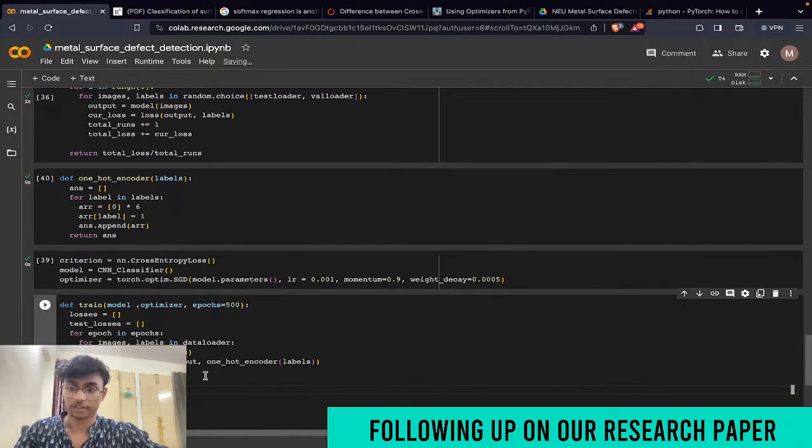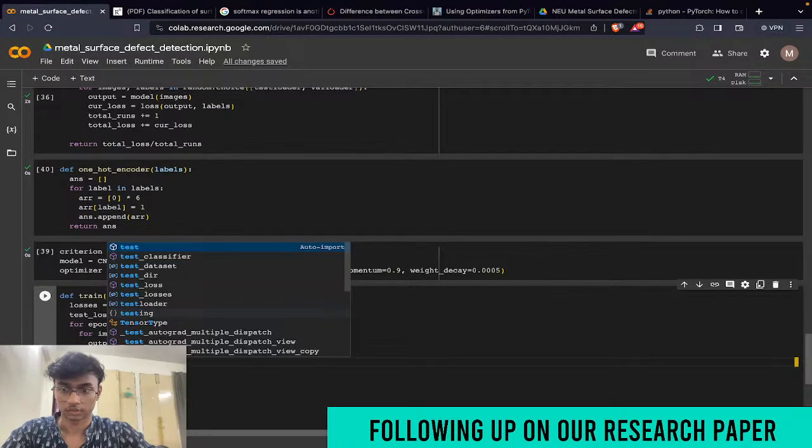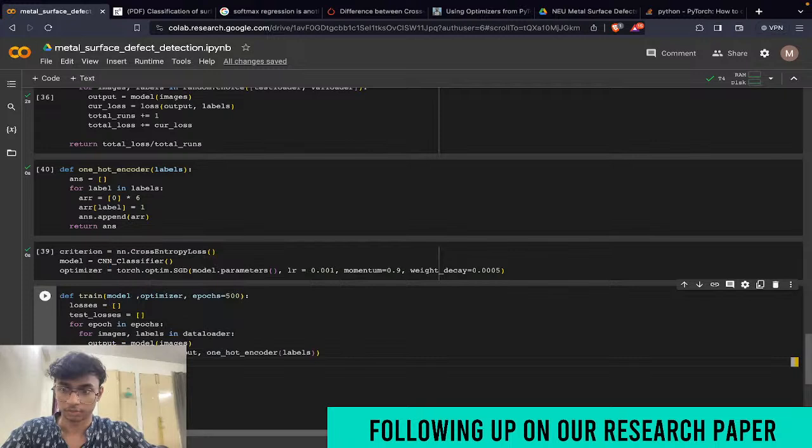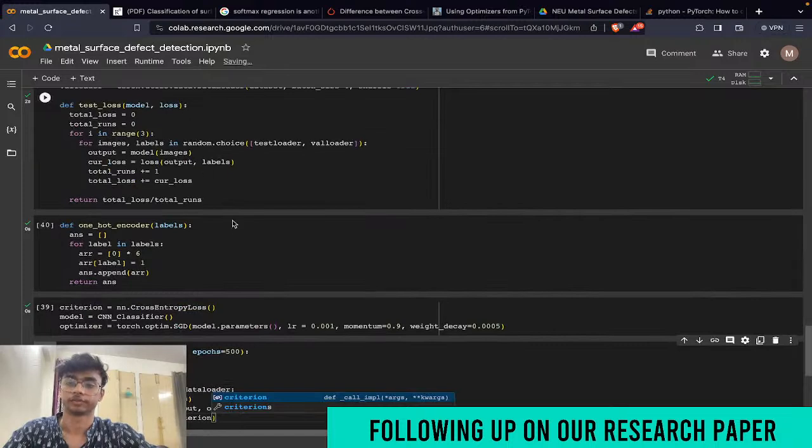And when we have done that, after stepping through the optimizer, actually, before stepping through the optimizer, we'll also pull in the test loss, which will take our model and our criteria, right?